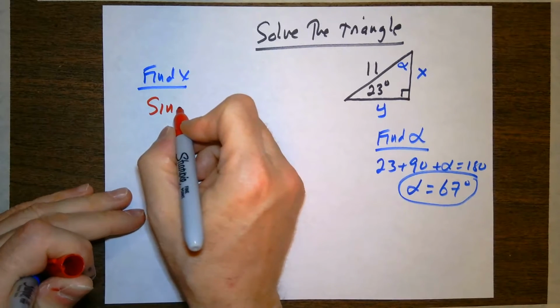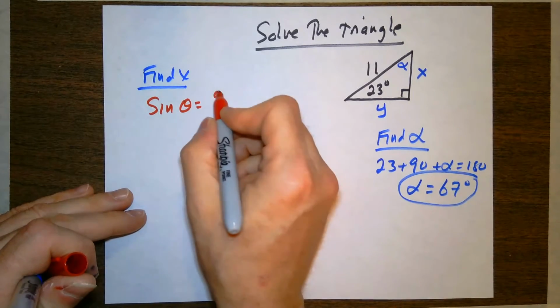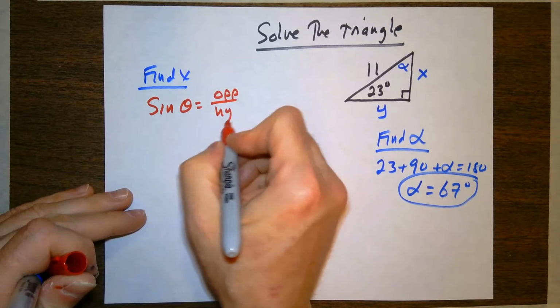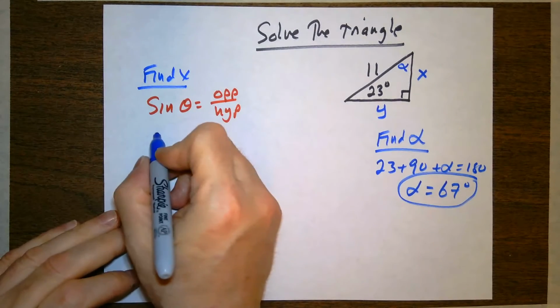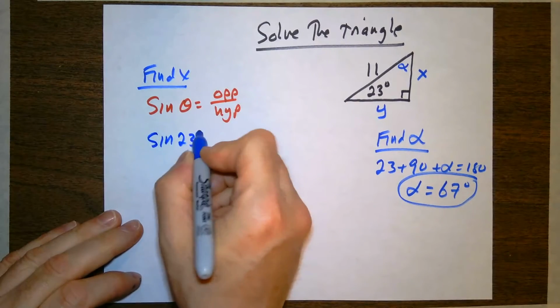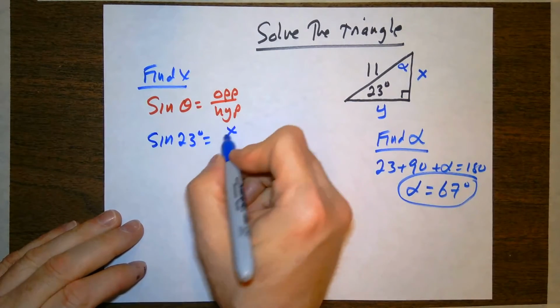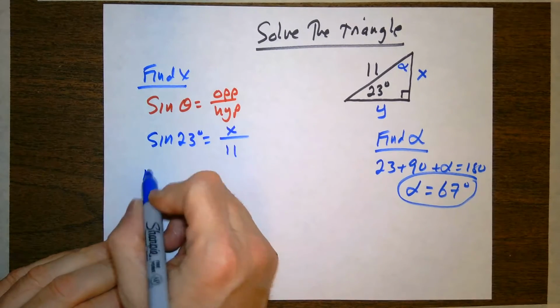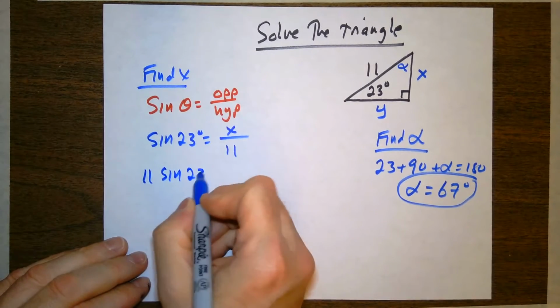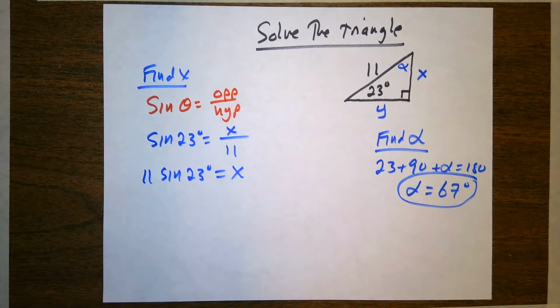Sine says that the sine of any angle is the ratio of the opposite side over the hypotenuse. Substituting in, the sine of 23 degrees, I know the angle, is x over 11. Multiply both sides by 11. 11 times the sine of 23 degrees equals x.